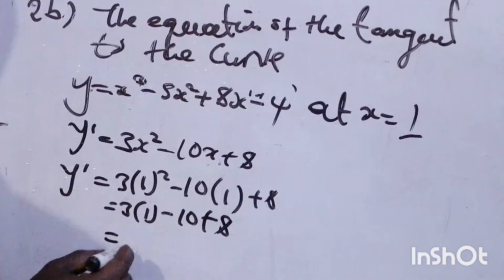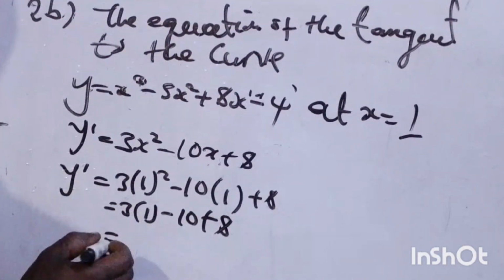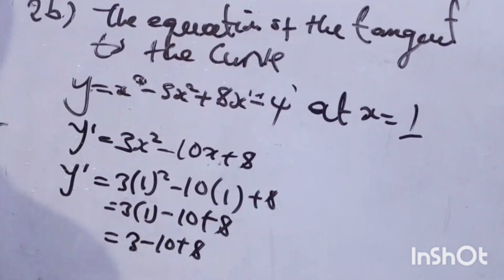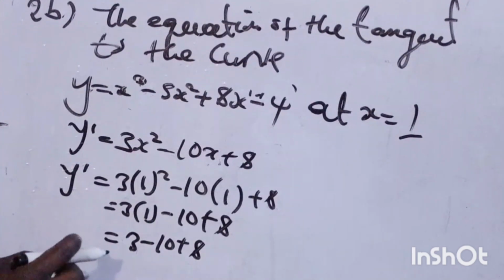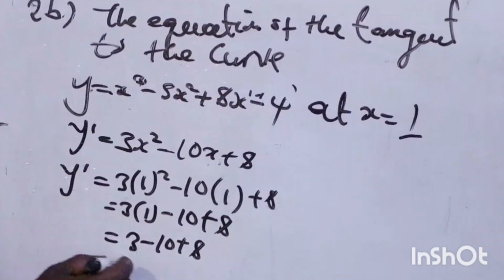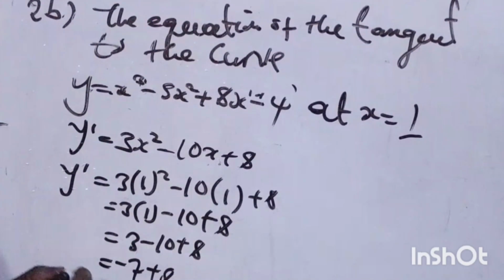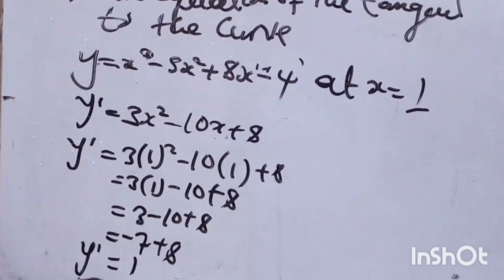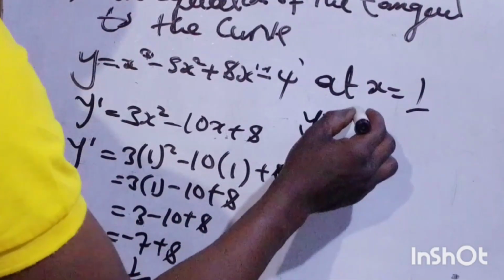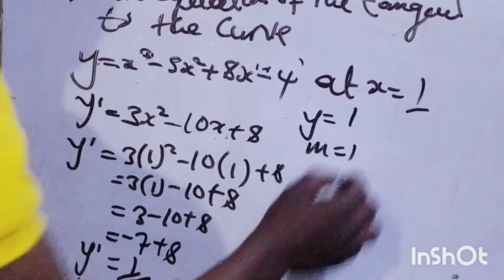So here we have 3 minus 10 plus 8. So our gradient will be 3 minus 10, you're going to have minus 7 plus 8, in which y prime as a gradient is equal to 1. So this is our gradient here. So our gradient is 1.